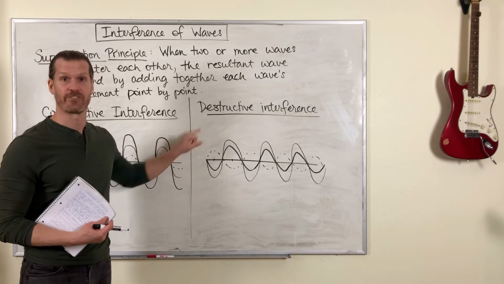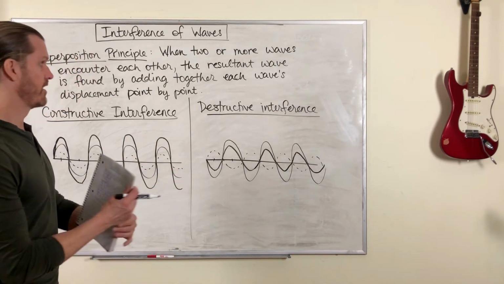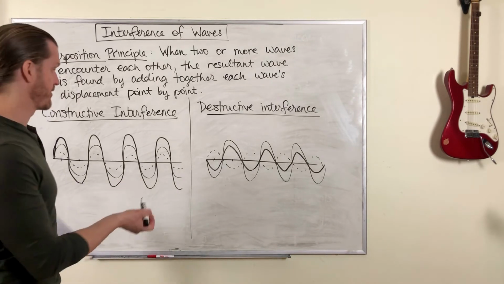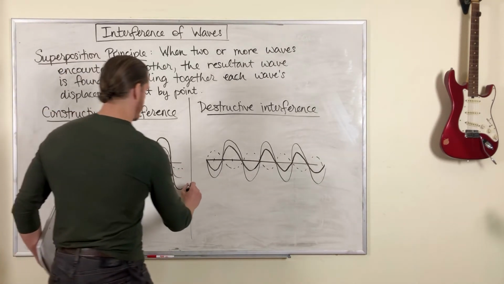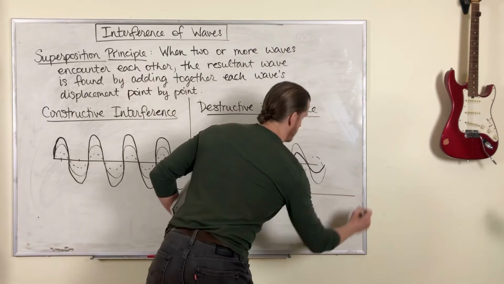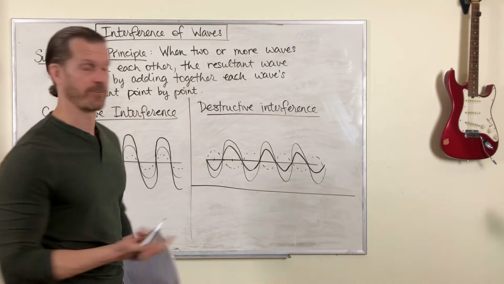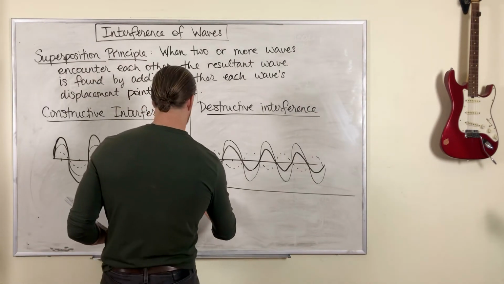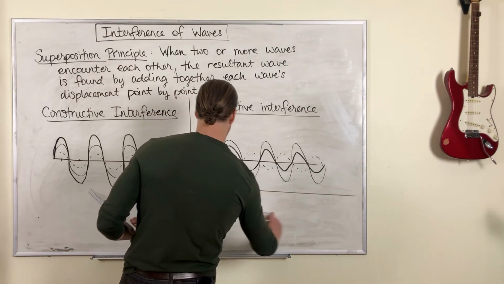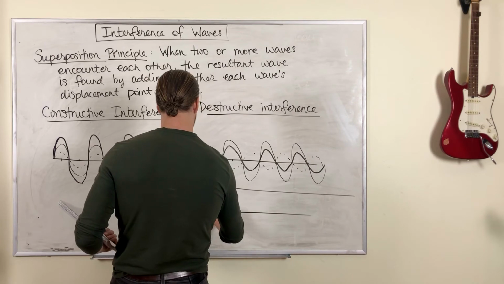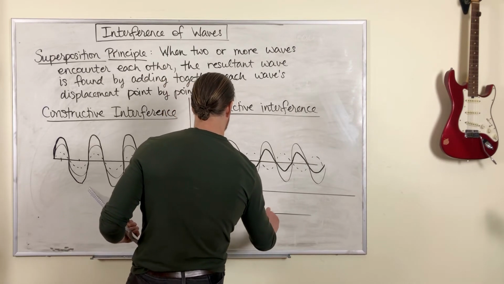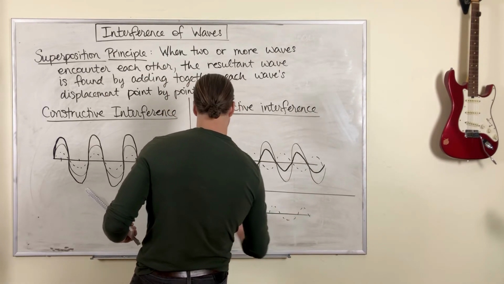That's destructive interference. Now what's really cool about destructive interference is if you do it with two waves that have the same amplitude and are 180 degrees out of phase. So let's try that. So what if we have this?